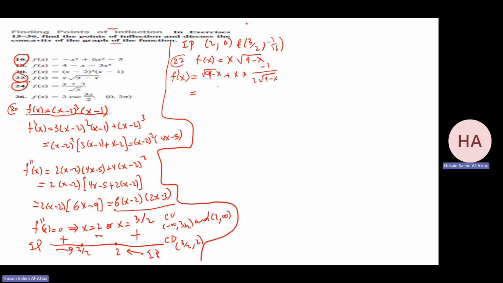That will be what? 2 times (9 minus x) over 2 square root of 9 minus x. And that gives me what? (18 minus 3x) over 2 root of 9 minus x. By the way, what's the domain of the function? x is less than or equal to 9, and is not equal to 9.